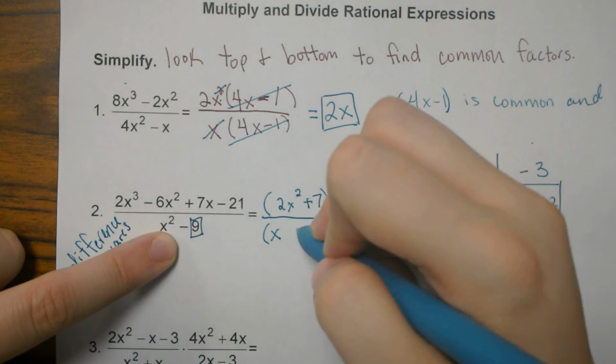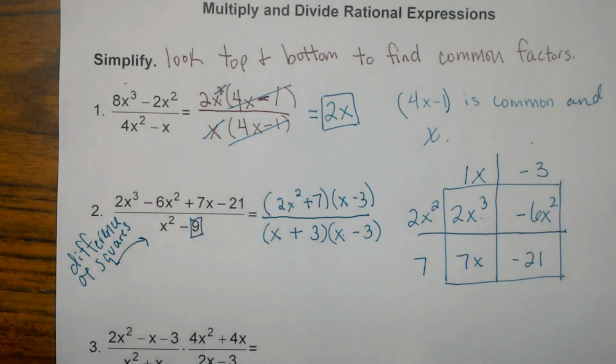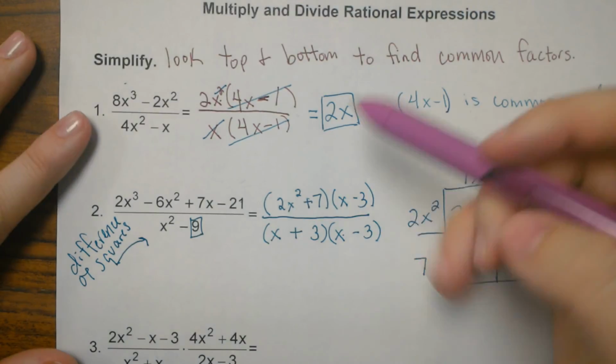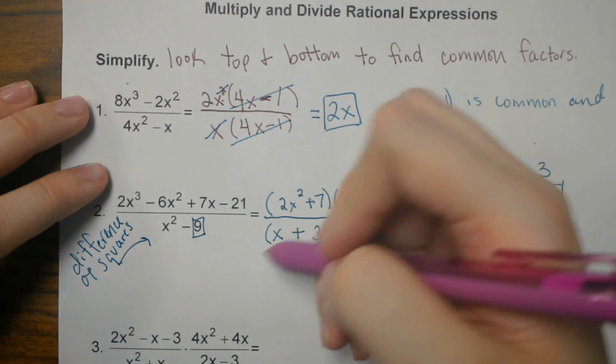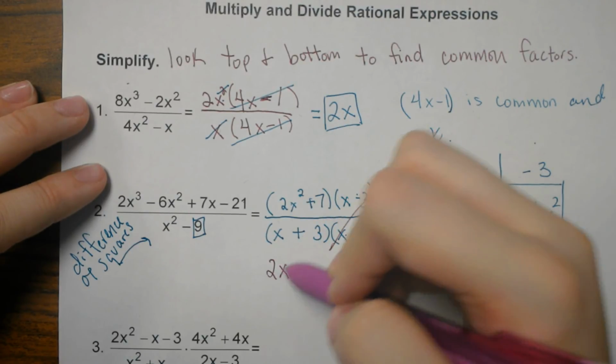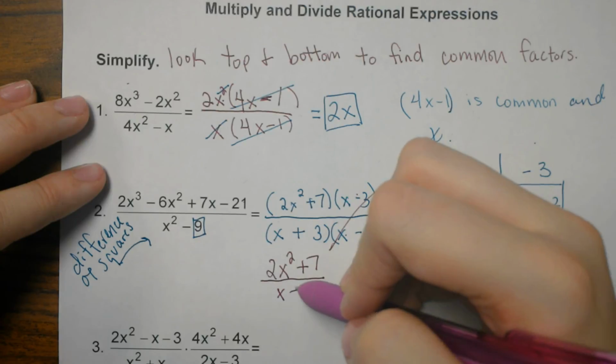To get the negative, I'm going to add and subtract. And so I have an x minus 3 that's common, top and bottom. So that leaves me 2x squared plus 7 over x plus 3.